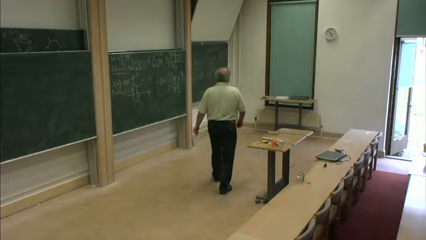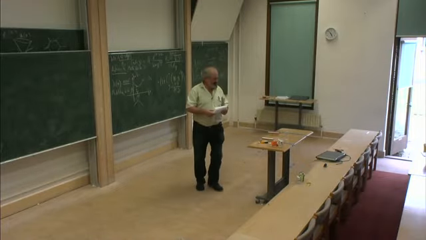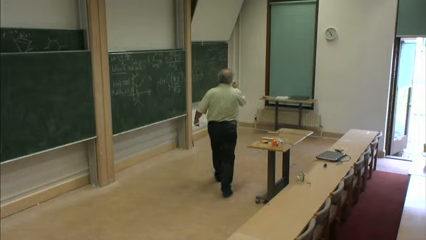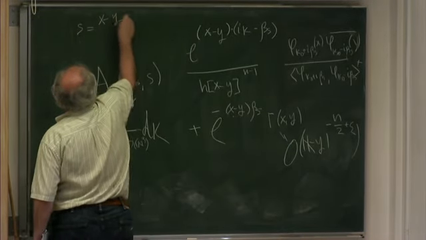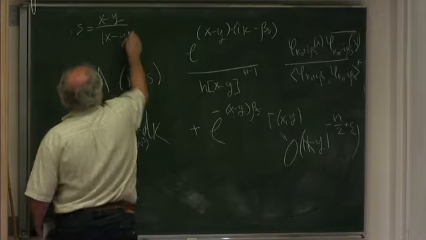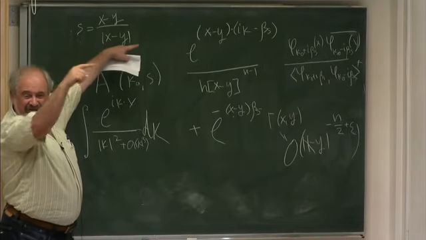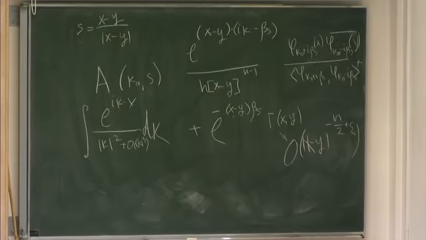Yes. That's why we have those two guys. What changes sign? Wait. So, s, okay, so maybe I don't. s is x minus y over the length of x minus y. Now beta s is, if you go in this direction when you hit. If you go in the opposite direction, you hit in the. Okay.